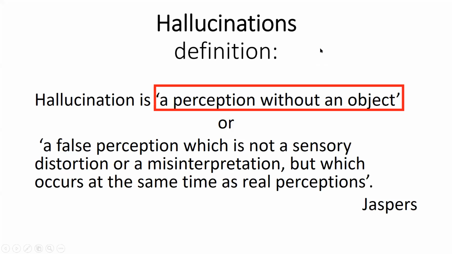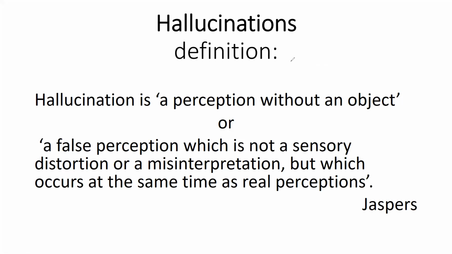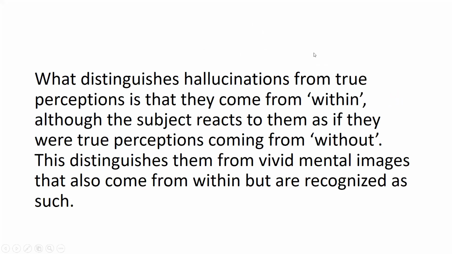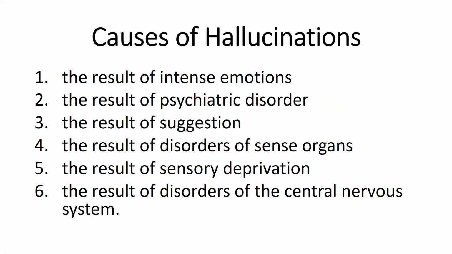That's what distinguishes the hallucination. As I told you, hallucination is a perception coming from within, from our own fantasy, from the fantasy of the patient. Illusions come from without.